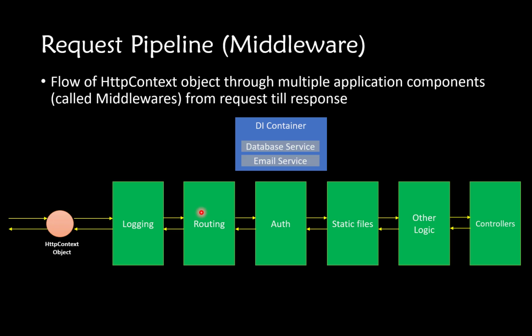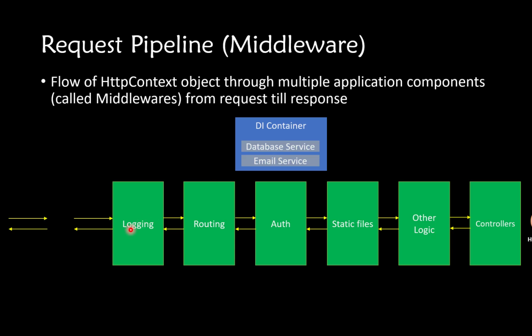So when the server receives a request, a HTTP context is created and that context is passed through each middleware, and each middleware will use the context, do some processing. If required, they will use some services and then they will modify the HTTP context and send it to the next middleware.